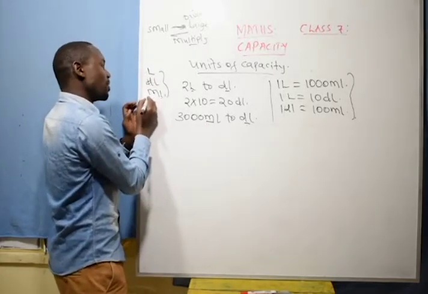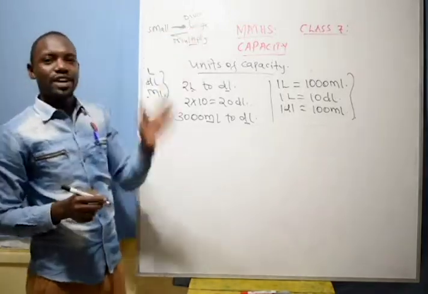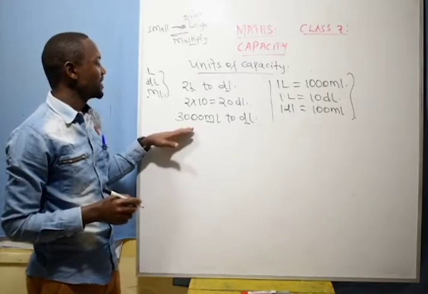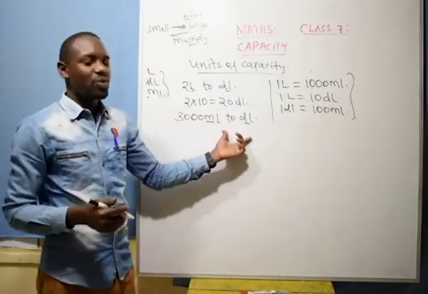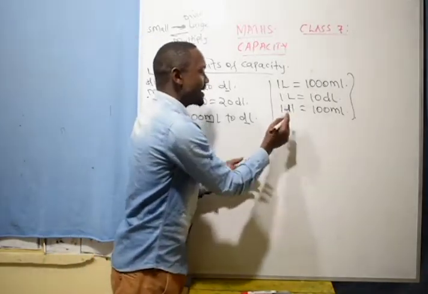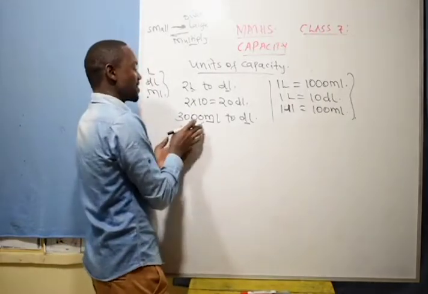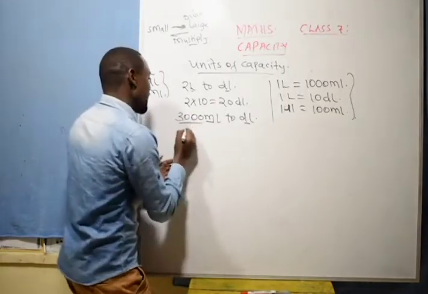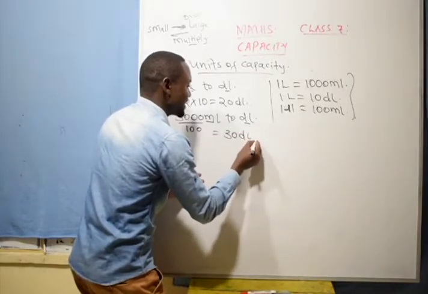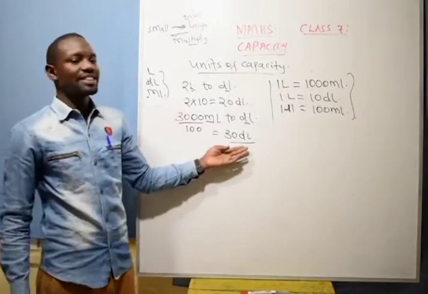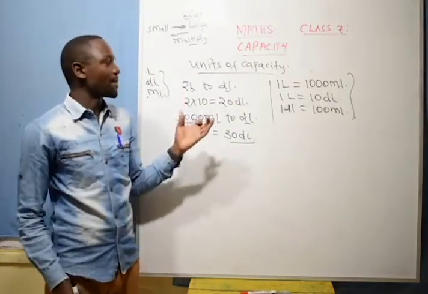That means it's from small unit to a large unit, so we divide. Remember, 1 deciliter is equal to 100 milliliters. So, 300 milliliters, you divide by 100. You realize that these are 3 deciliters. That is how you convert units of capacity.